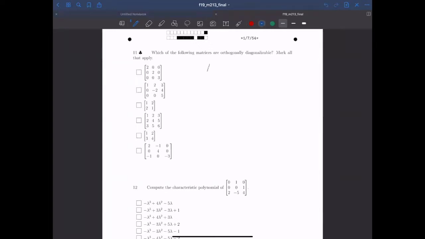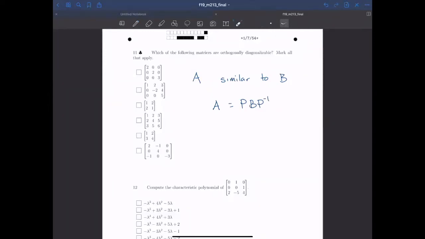We say that the matrix A is similar to the matrix B. What that means is that you can find another matrix P, so that P times B times P inverse is equal to the matrix A.